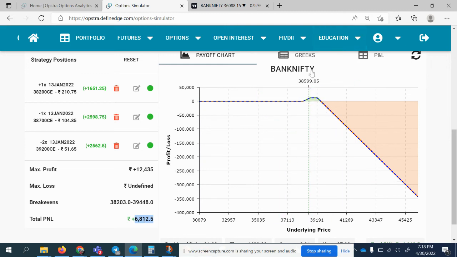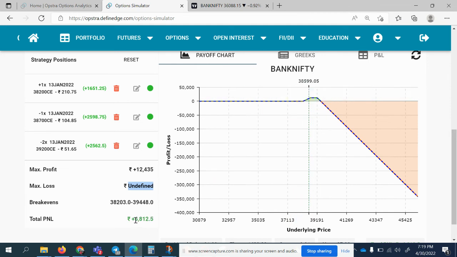So maybe with 1% down, you would have ended up with a minus 65 loss, but now you made almost 2,700 to 3,000 of loss by doing the adjustment. That's what I tell you: do not focus on the maximum profit, right? Mitigate your loss. We have to mitigate the loss because we have deployed the 1 is to 1 is to 2 debit with a view of sideways to mild bullish, right?